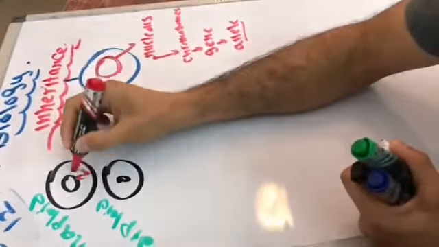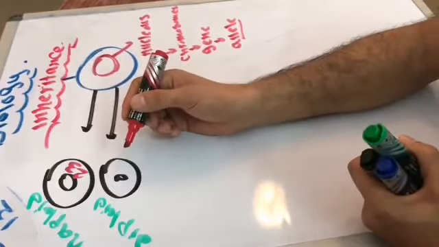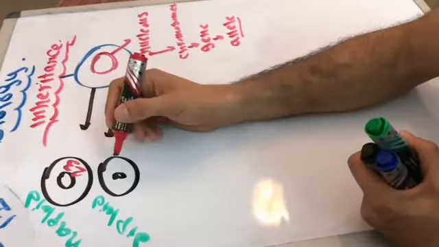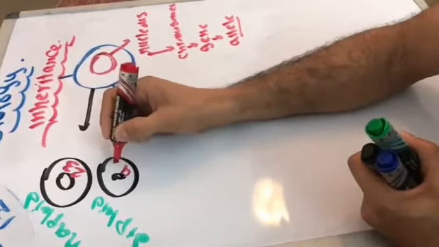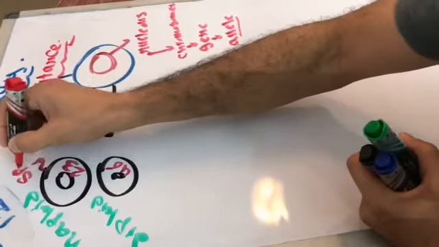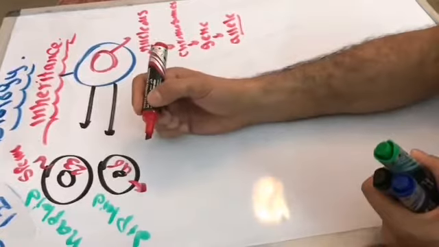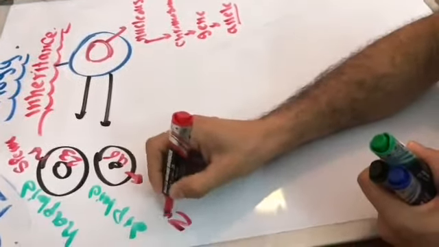Haploid has one set of chromosomes, 23 chromosomes, and diploid has two sets of chromosomes, such as 46 chromosomes. Example inside the human body: sperm, and also the zygote.